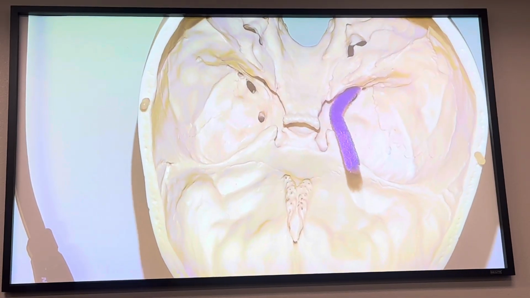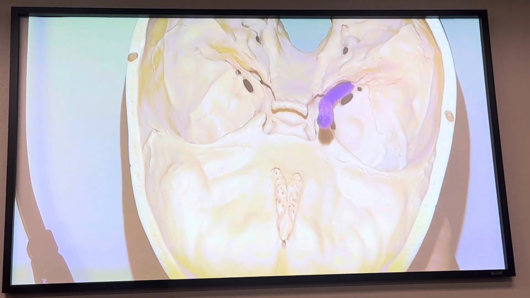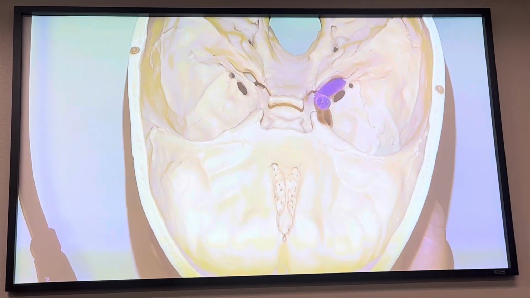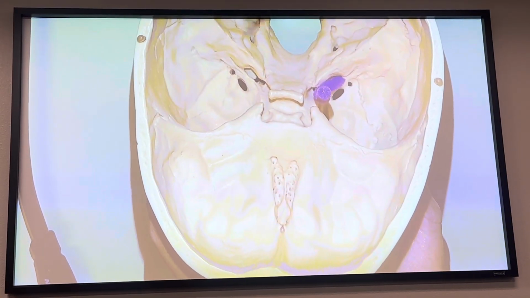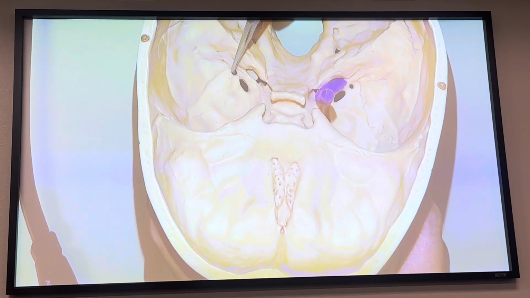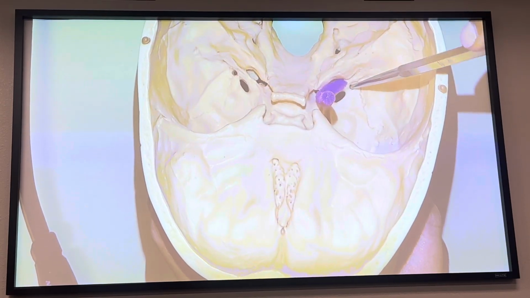Okay, so right behind foramen ovale, this little hole and this little hole.